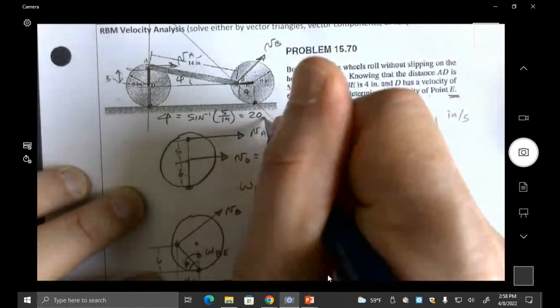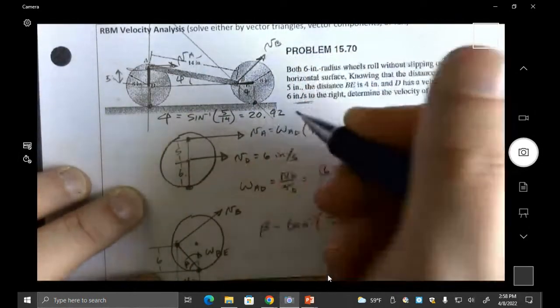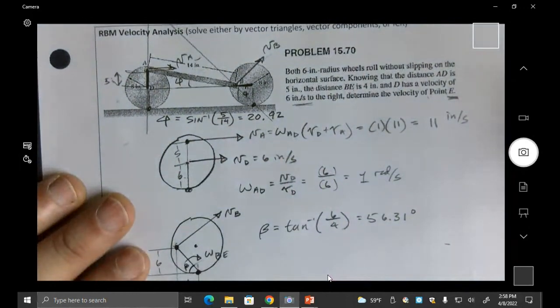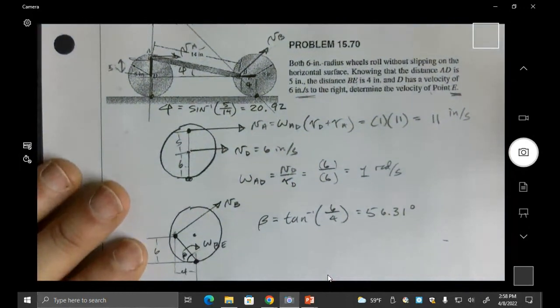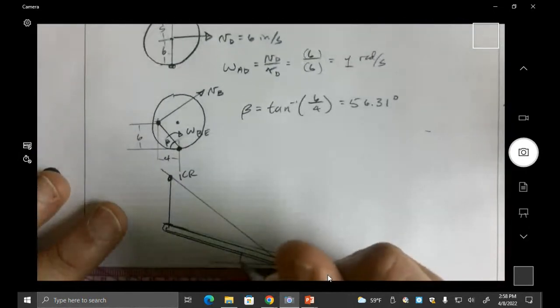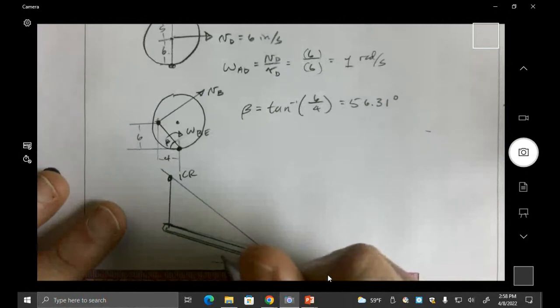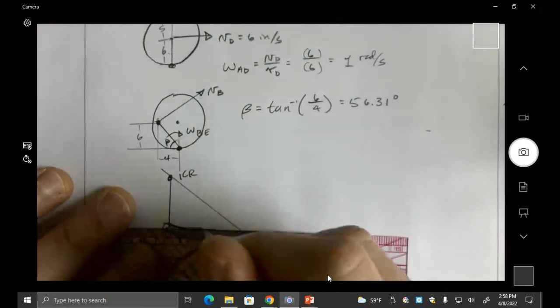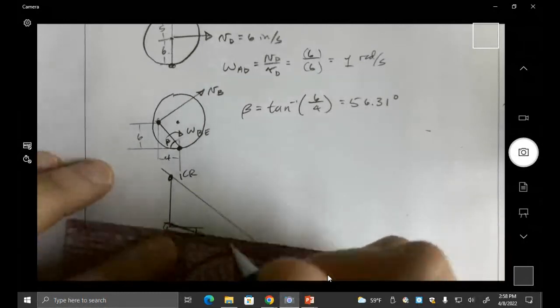We get 20.92. And that's going to be this angle right there. It's also going to be that angle right here.